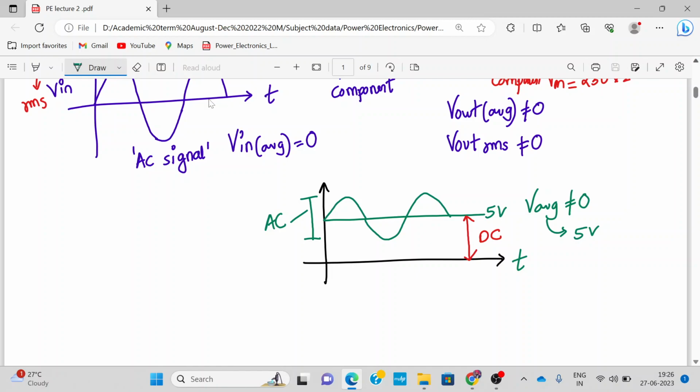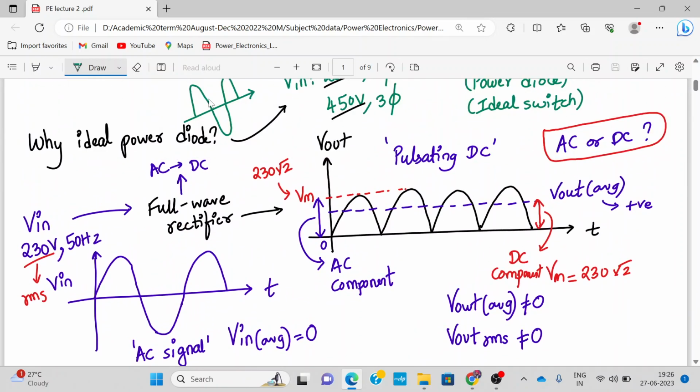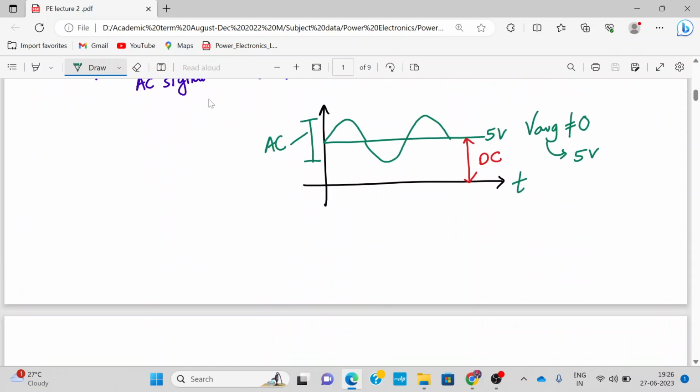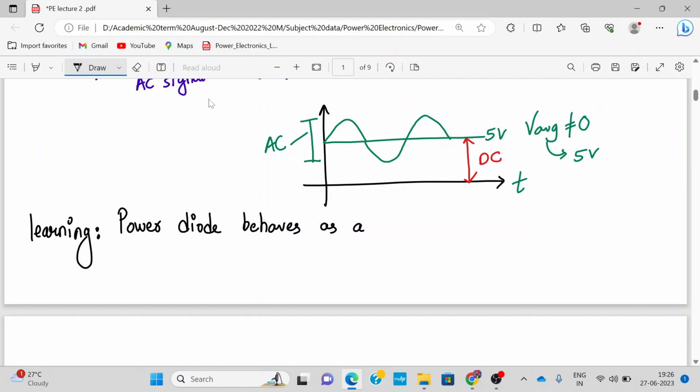All right. So what do we learn from this power diode? Let us write the learning from this power diode. What we learn from the power diode is that the power diode behaves as an uncontrolled switch.